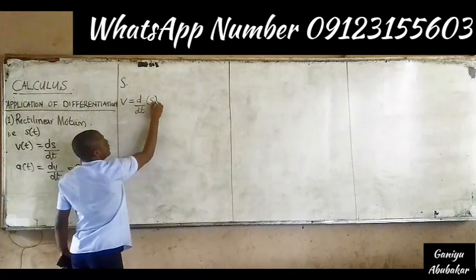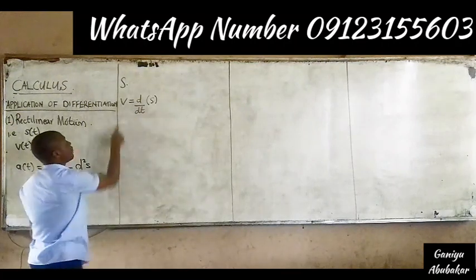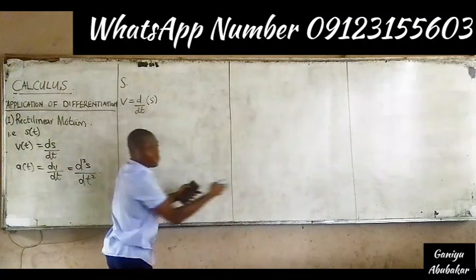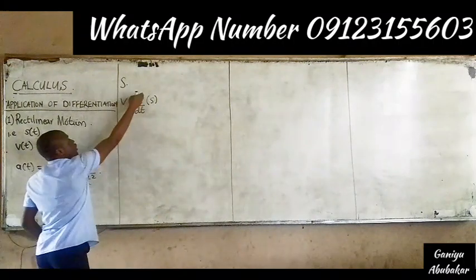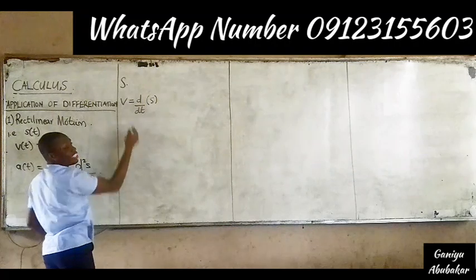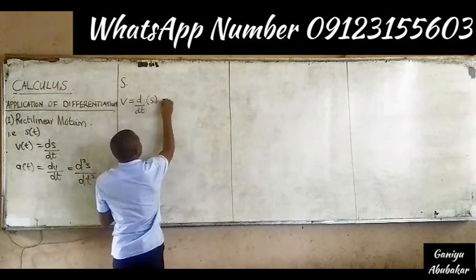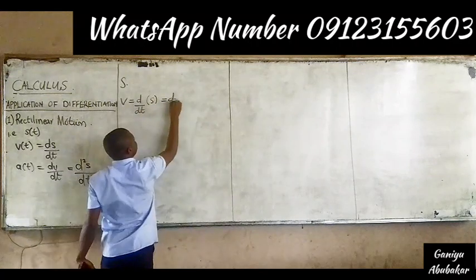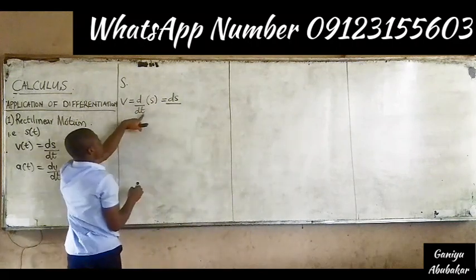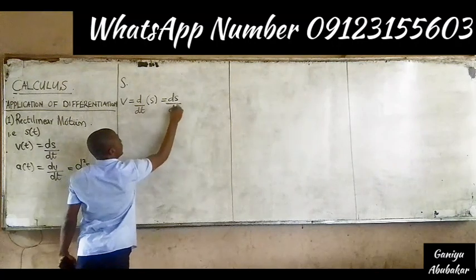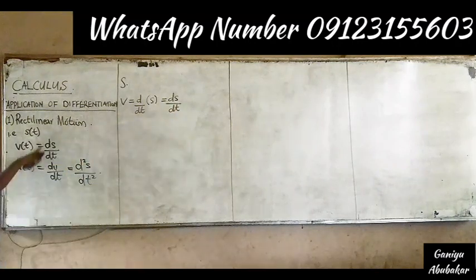Of distance. So dx over dt, the dt here, because I have this over dt here.